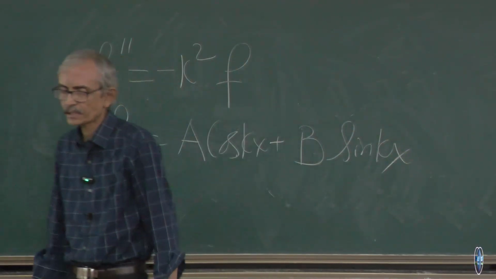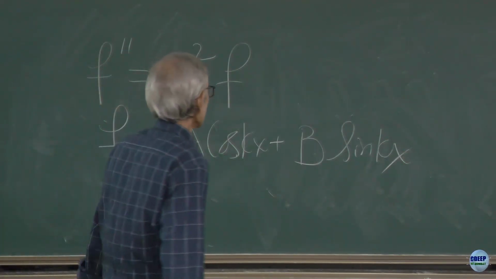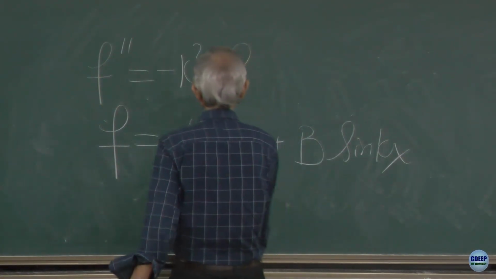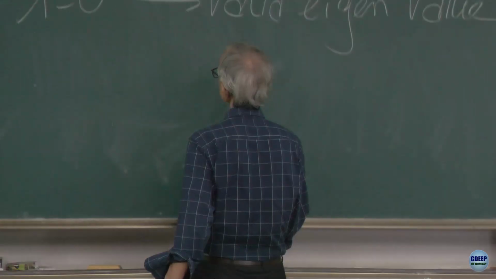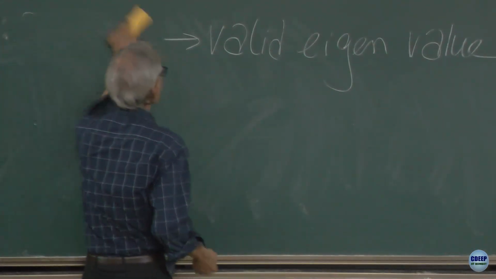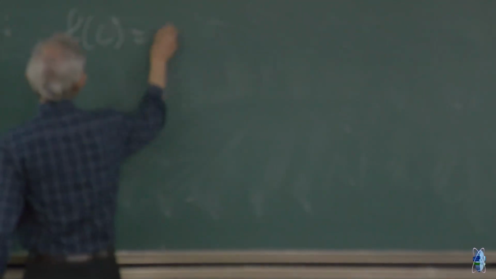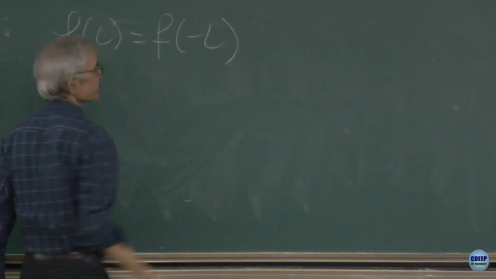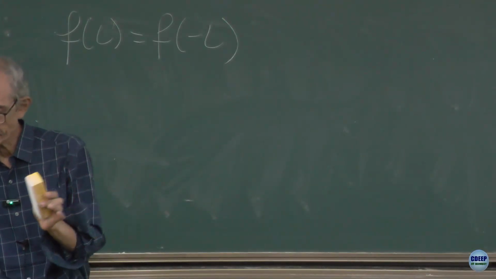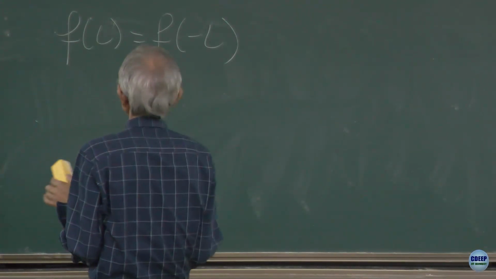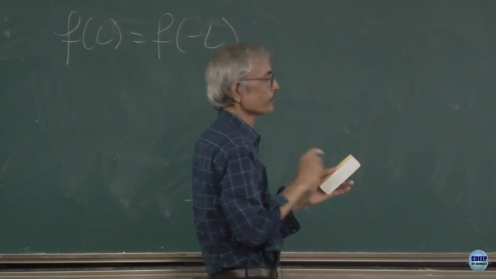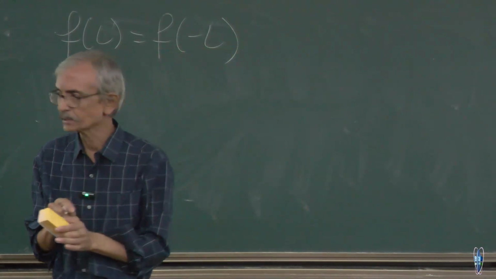So this we have done n number of times now. The reason why we are looking at this is because this comes up with some nice solutions. So f of L is equal to f of minus L. This is one of our conditions. We are talking about a periodic Sturm-Liouville system, and we have already shown that it's a Sturm-Liouville system.